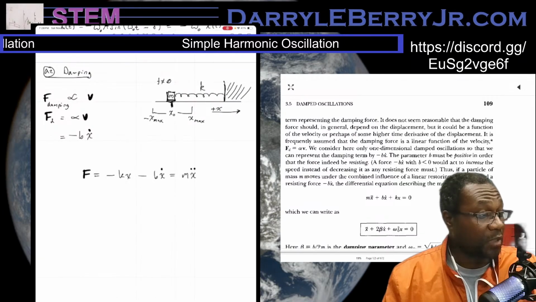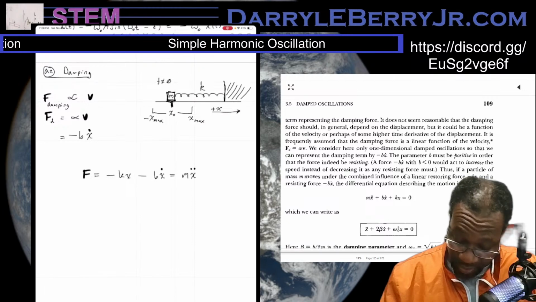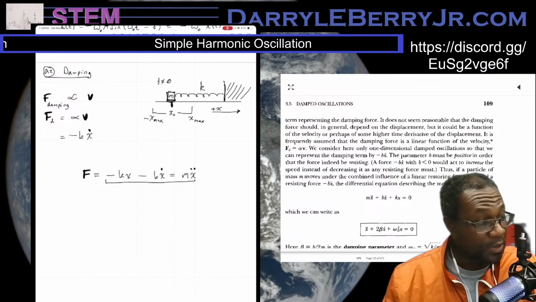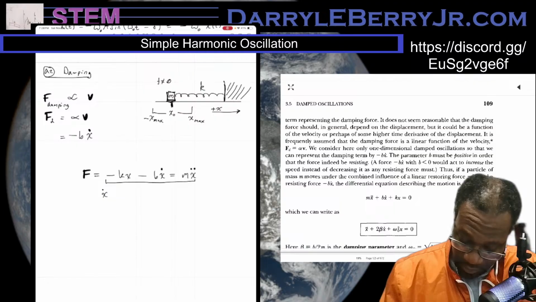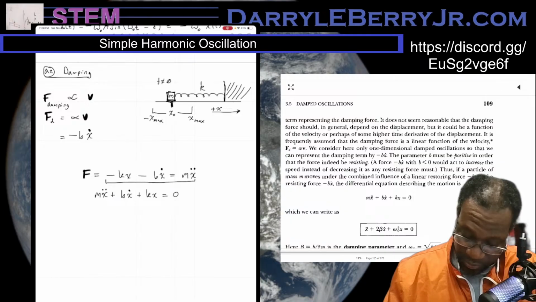So solving this is a little more complicated. We can say that m x double dot plus b x dot plus kx equals zero.